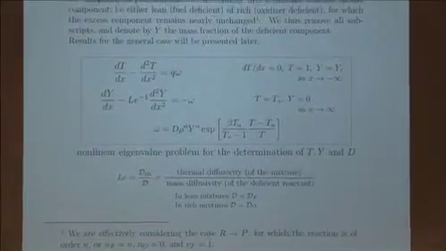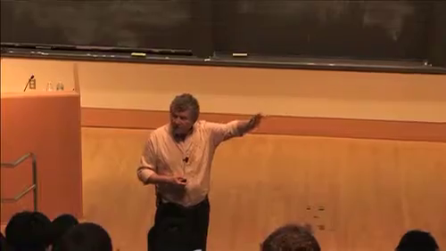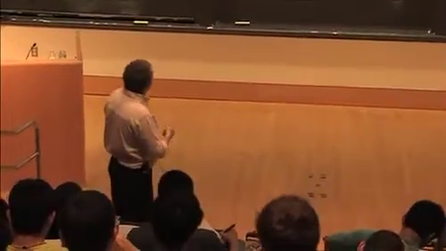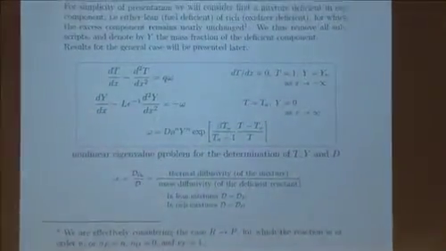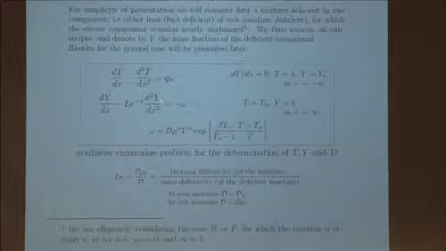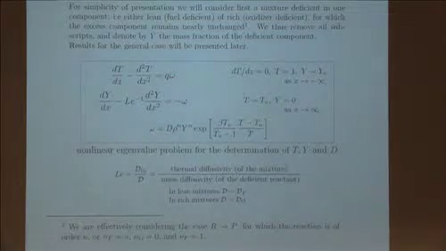So in a lean mixture, the Lewis number is that of the fuel. In a rich mixture, it is that of the oxidizer, and we're going to see that that will become important at some point later in the discussion.